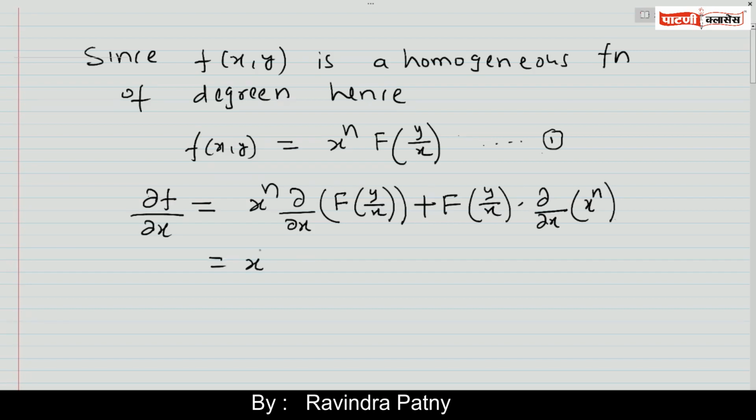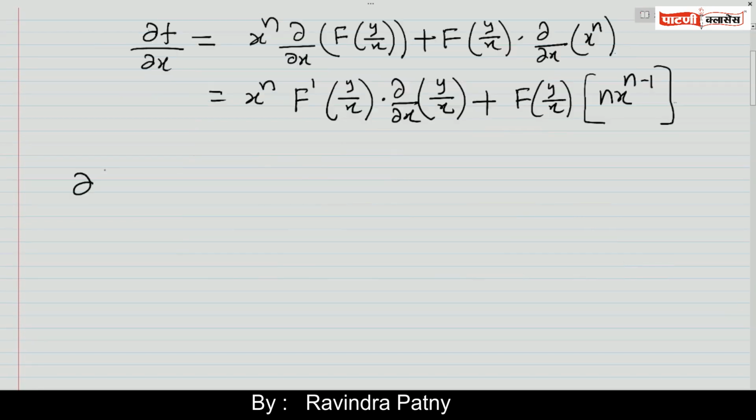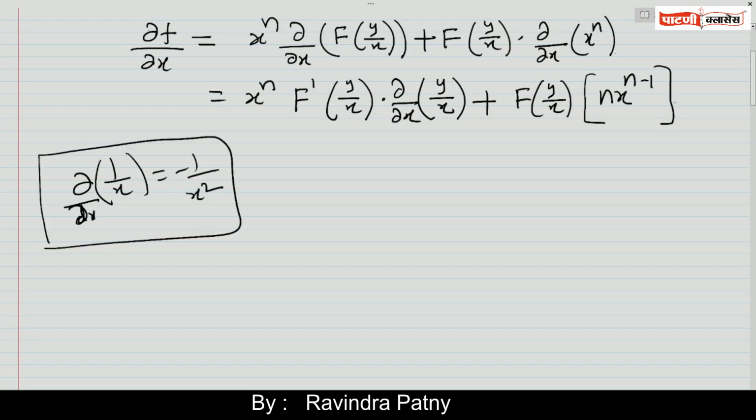Equals x raised to n f dash y upon x into partial derivative with respect to x of y upon x, plus f of y upon x as it is, and differentiation of x raised to n is nothing but n x raised to n minus 1. We know that the partial derivative of 1 upon x with respect to x equals minus 1 upon x square.